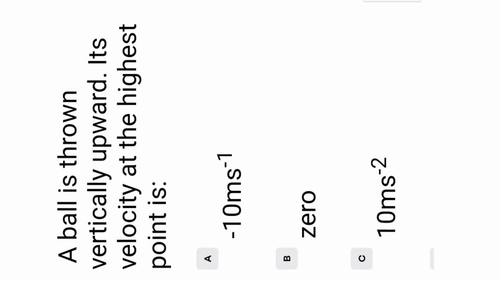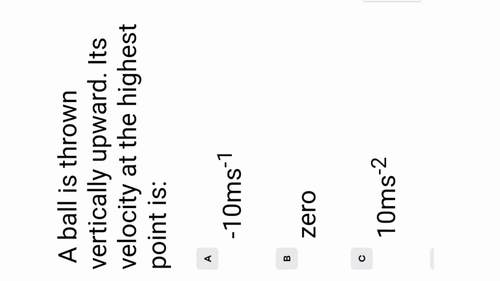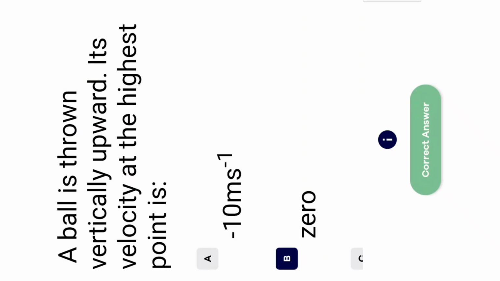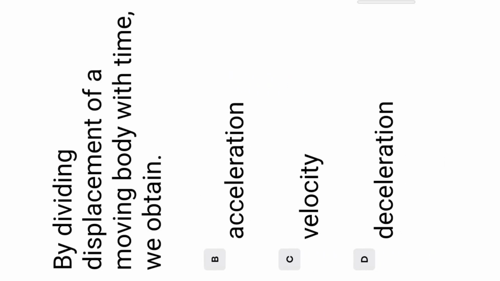A ball is thrown vertically upward. Its velocity at the highest point is A minus 10 meter per second, B 0, C 10 meter per second square, D none of these. When the ball is at the highest position, its velocity is 0, so we take B. By dividing displacement of a moving body with time, we obtain A speed, B acceleration, C velocity, D deceleration.